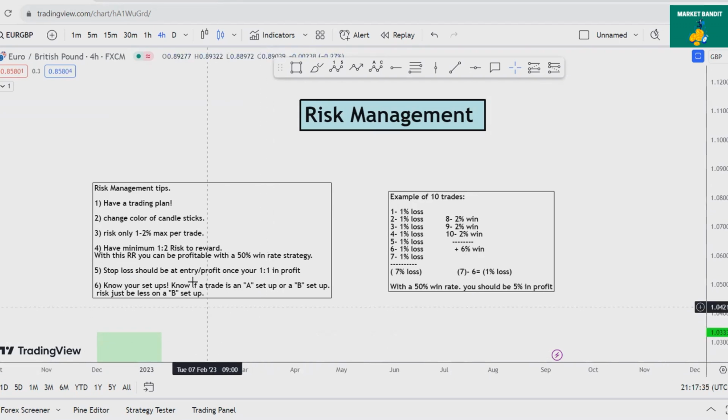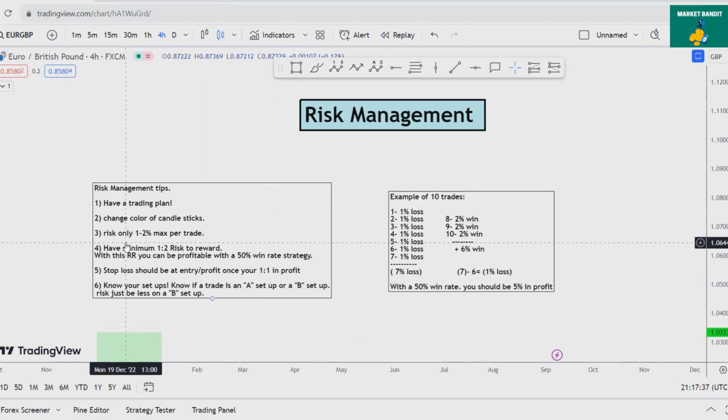And the fourth tip for the day for this risk management training is to have a minimum, right? There's a different type of trader. If you're a swing trader, scalp, intraday, right? I always recommend, no matter what kind of trader you are, to have a minimum of 1 to 2 risk to reward.